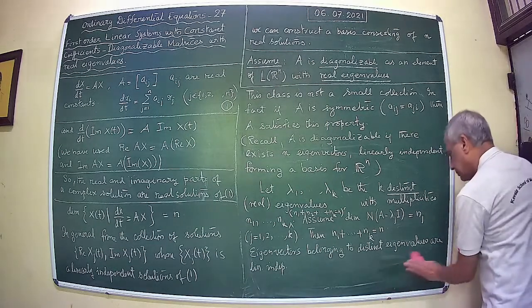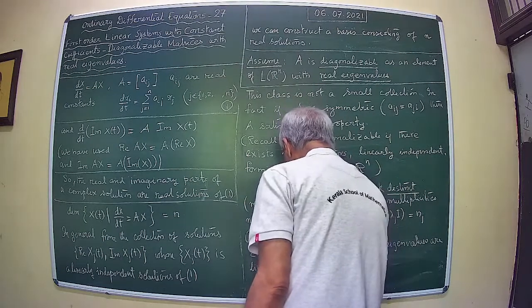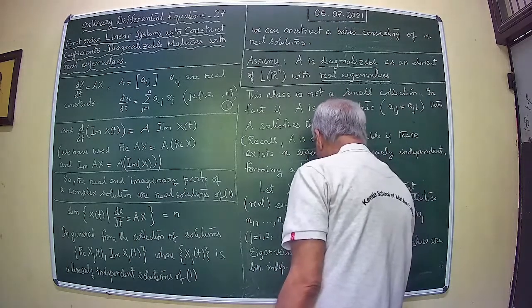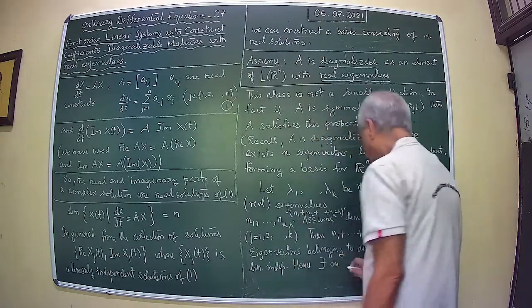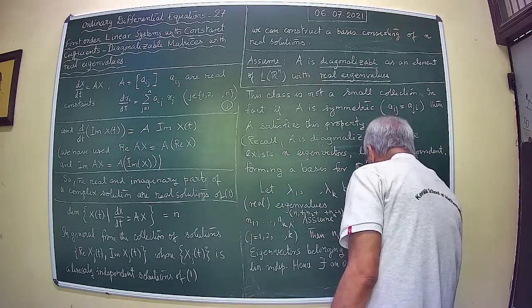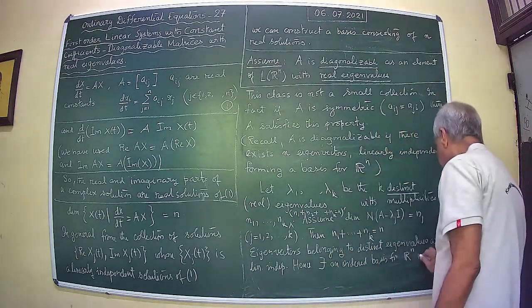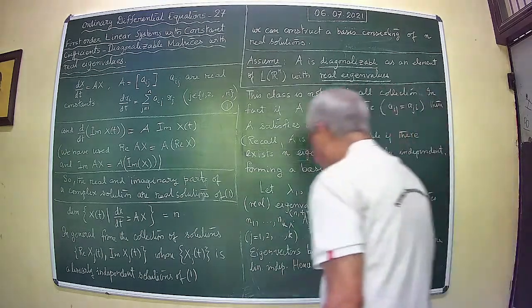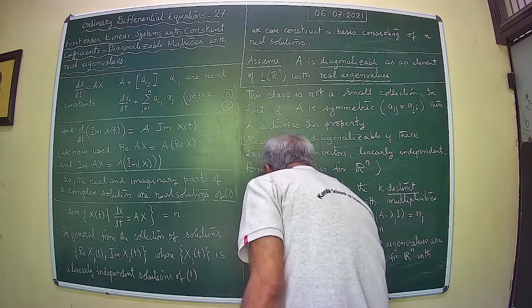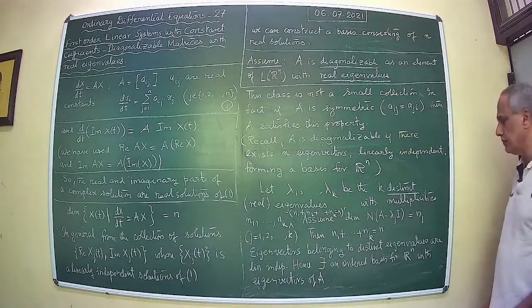So what do you have? Hence there exists an ordered basis for Rn with eigenvectors of it. This is what we have proved in the case of linear algebra.